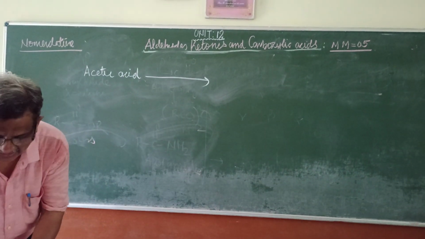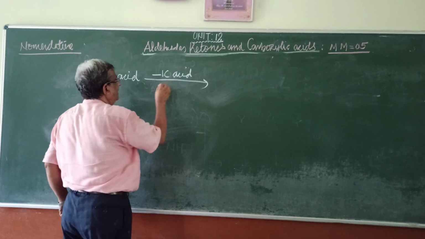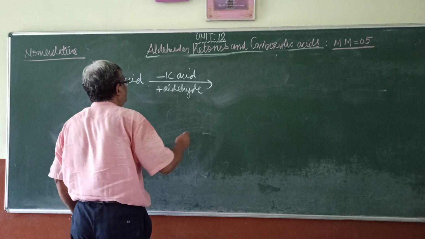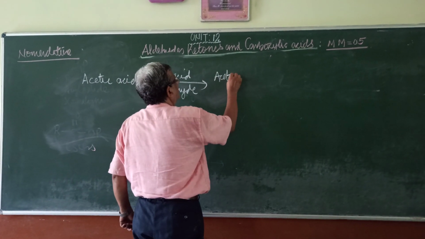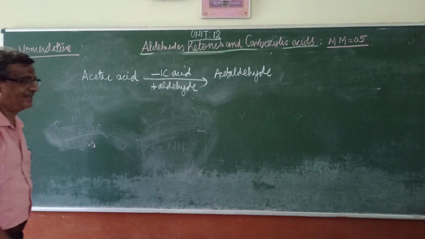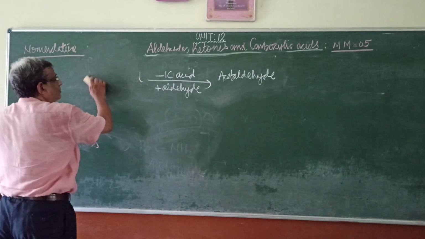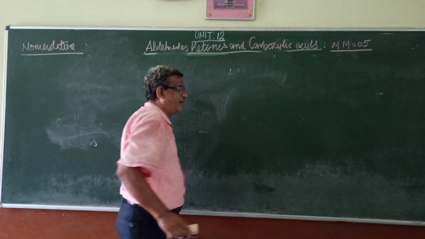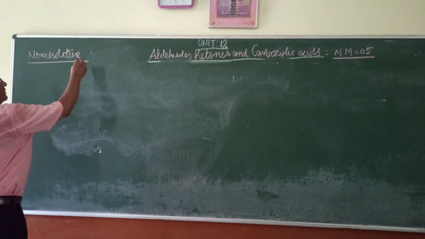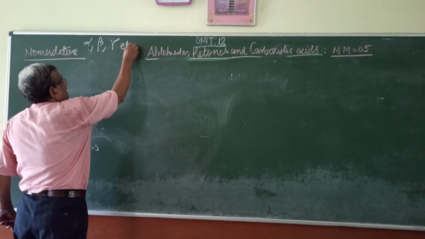From here, I remove ic acid and I add the word aldehyde. This becomes acetaldehyde. Branching of hydrocarbon chain, if any, is done by Greek letters alpha, beta, gamma, etc.